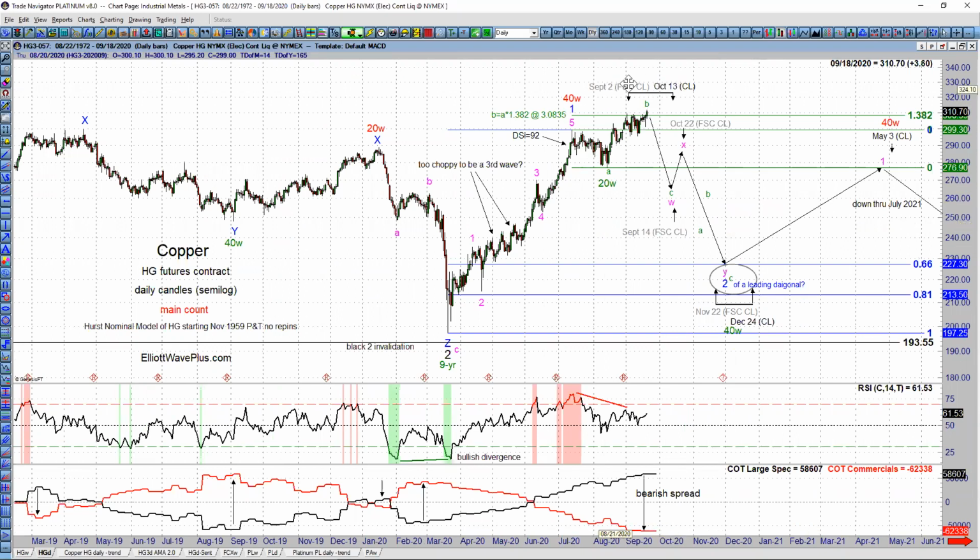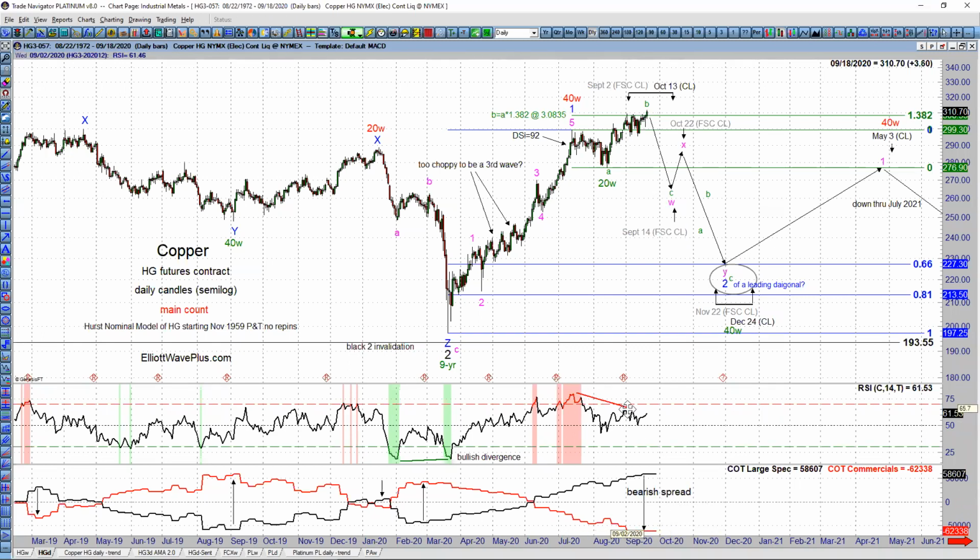You can see that the Hurst and the FSC cycles programs are a little bit different on where they think the top is going to be. So I think we're moving into the top inside of this window, and we still really haven't pushed substantially past my best target for wave B of an expanded flat. We have that bearish spread.